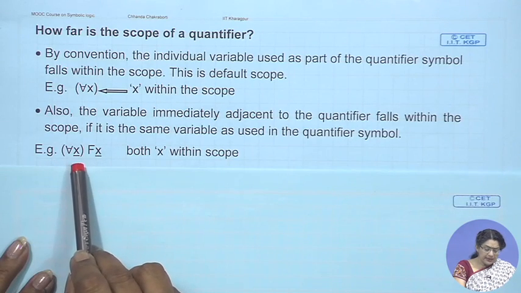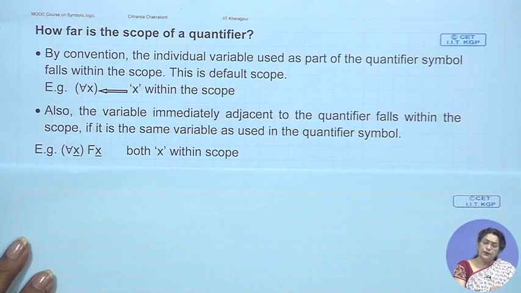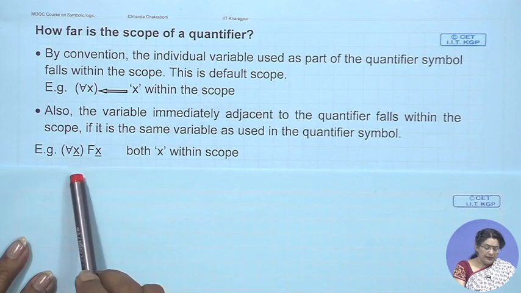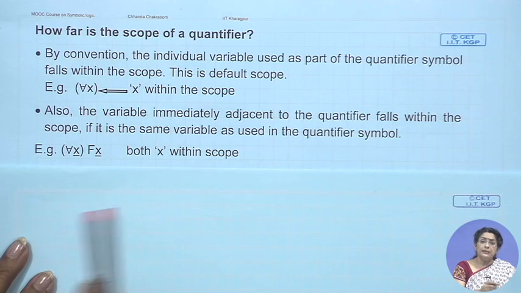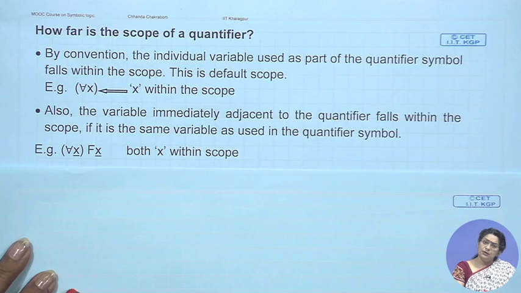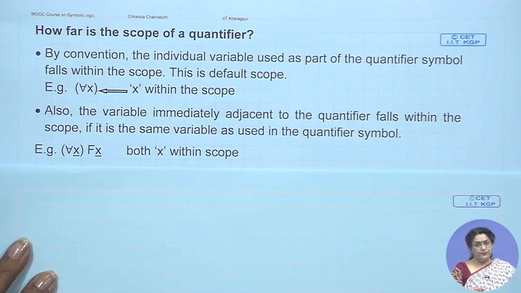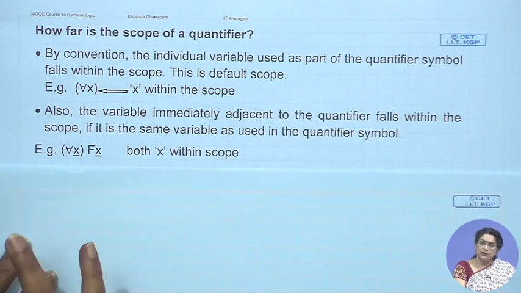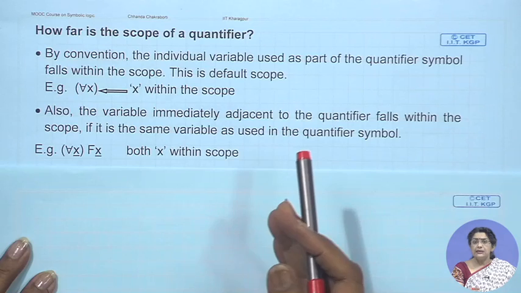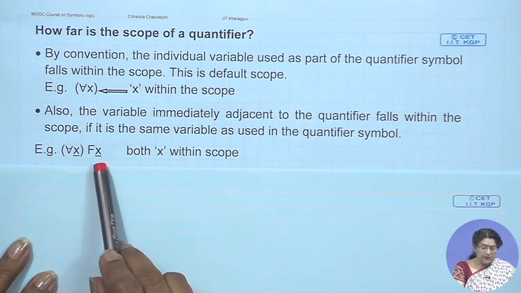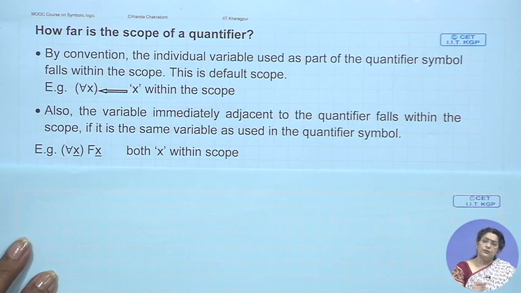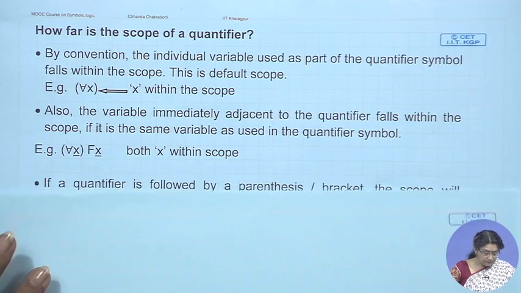Notice that already I said the first occurrence is by default within the scope of the quantifier, and now I am adding to that the variable occurring immediately adjacent to the quantifier symbol is also within the scope of the quantifier, which covers this second occurrence of the x. So, first this x is already within, and then because it is immediately adjacent to the quantifier symbol, this x's occurrence is also within the scope of the quantifier.